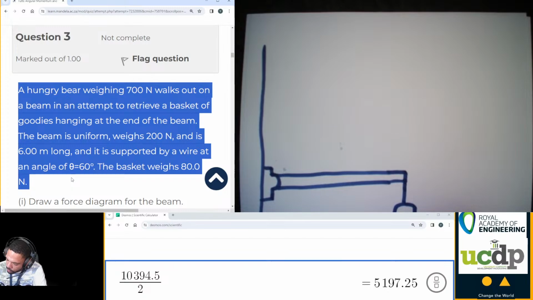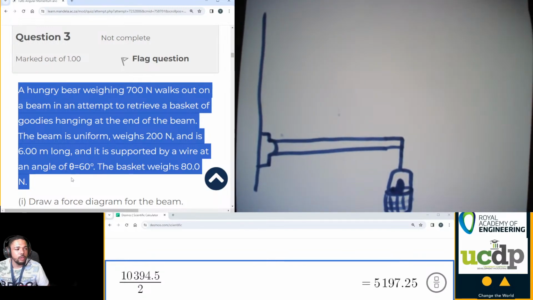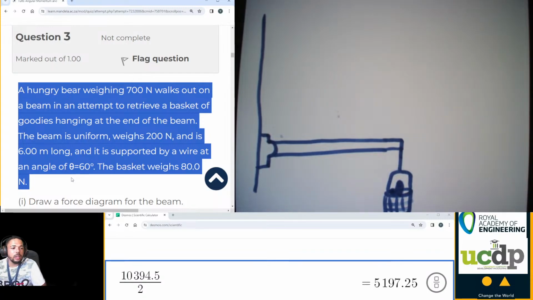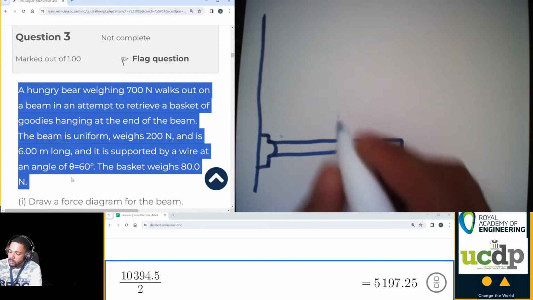There are some goods for the bear in there, some fruits, a bottle of water, whatever. They tell us that this bear walks out on the beam.